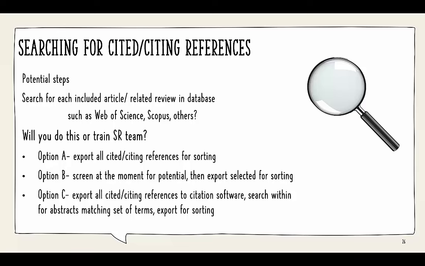With any of these, I don't necessarily do an option B. It wouldn't necessarily be me that does sorting. This is usually something that I would train somebody on the team, or multiple people on the team, to do. But it is important to talk about how they want to handle this, and how they want to make sure that they're counting the things that they've sorted. So that's another step to think about and talk with your team about.